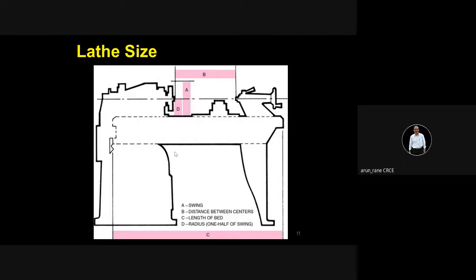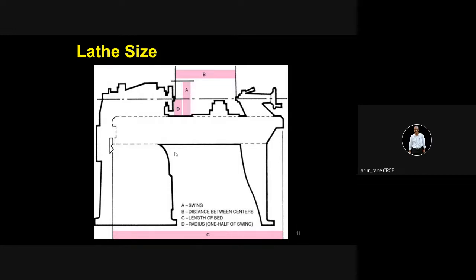Obviously, A is equal to 2 times D. The swing is nothing but the diameter.